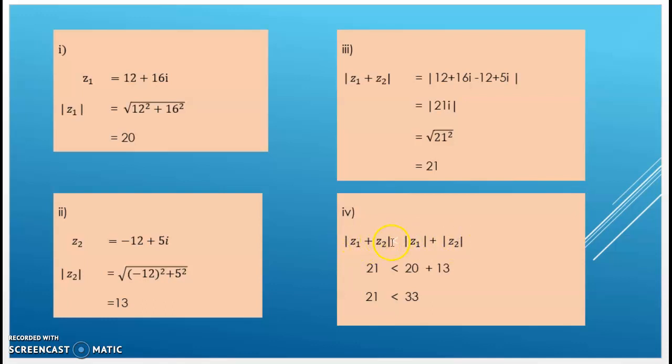Then we know that the modulus of z1 plus z2 is 21. So we put that in. Copy down our less than sign. The modulus of z1 was 20, so I write that down here, plus the modulus of z2, which is 13, and I write that down, and 21 is less than 33, which is exactly what we've seen.